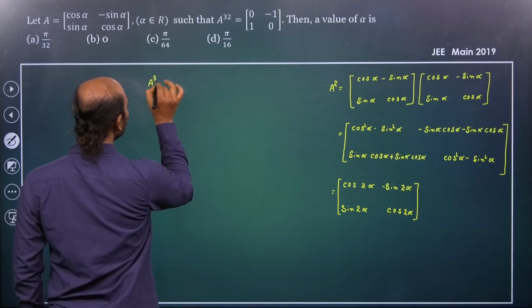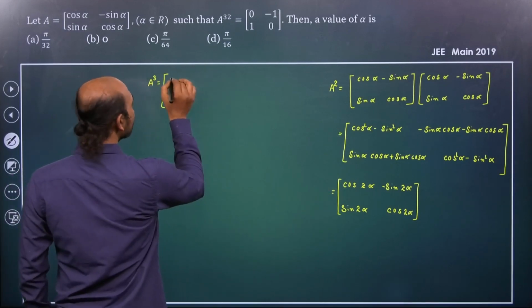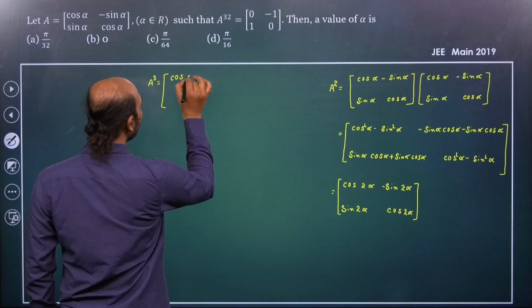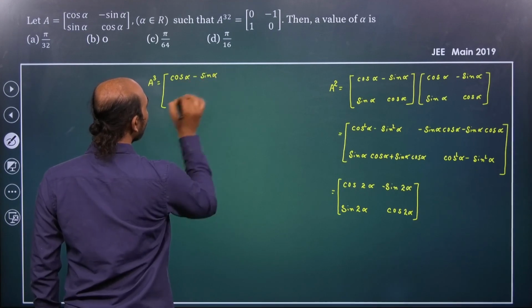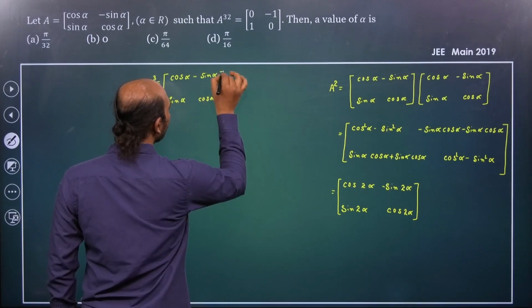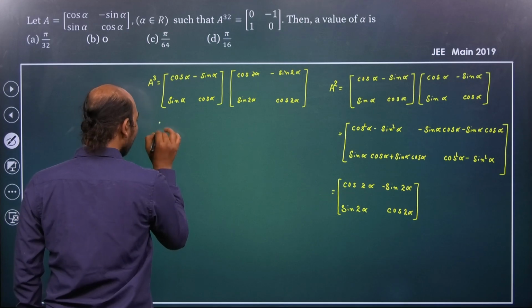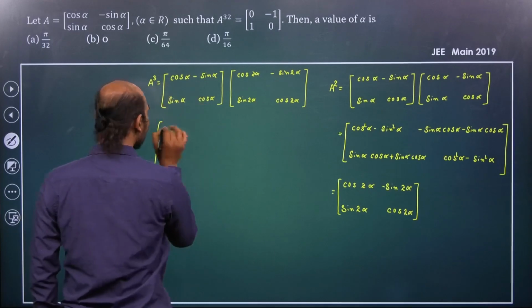A cube is equal to A into A square, or A square into A, whichever way you choose. So we multiply cos alpha, minus sin alpha, sin alpha and cos alpha, by cos 2 alpha, minus sin 2 alpha, sin 2 alpha, cos 2 alpha.